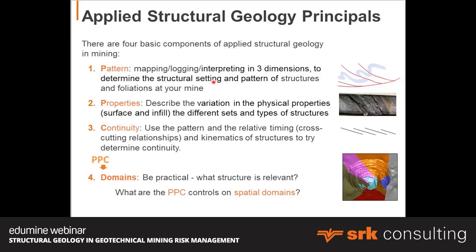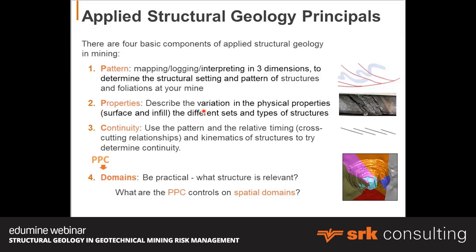What is the geometry and how do they interact in some form of pattern? The properties: how do those properties vary along the structures? There may be different sets of structures or types of structures with different properties. And then the continuity: can the pattern and the relative timing, those cross-cutting relationships between the structures, help you determine or understand the continuity of the structures?